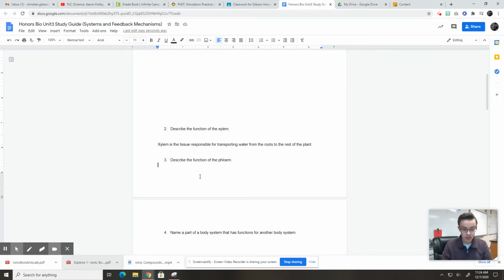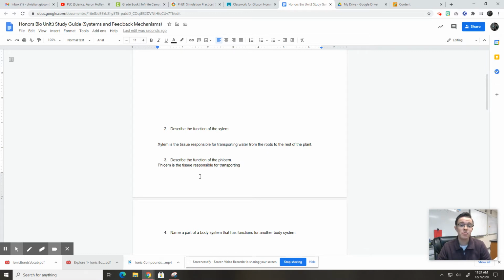Now, what is the function of phloem? Phloem is the tissue responsible for transporting sugar. It doesn't transport water instead. So what happens is the leaves of the plant are doing photosynthesis, and the whole purpose of photosynthesis is to use sunlight to make sugar, specifically glucose.